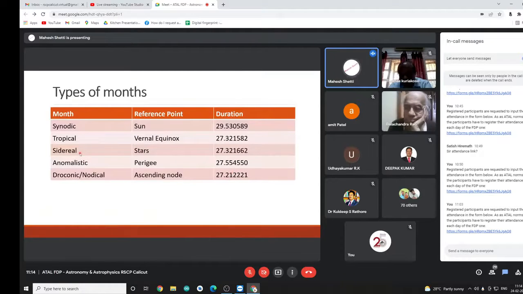So the useful concepts here are sidereal. This is the motion of the moon with respect to the inertial frame. During that time, Earth is going to move in its orbit around the sun, and therefore the moon will have to catch up if it has to again have a new moon day or a full moon day. So synodic month is 29.53 days. This we had seen right in the beginning of this lecture.